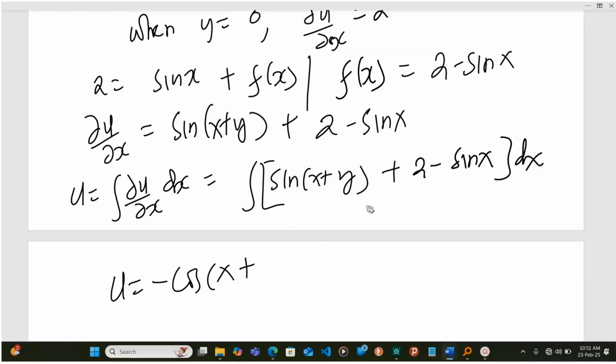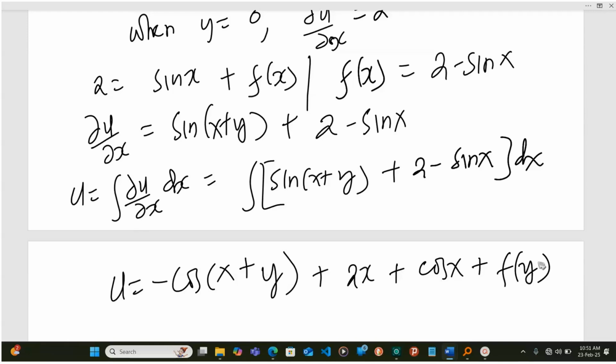So with respect to x, this is just 1x. So it remains cos x plus y. Y is a constant and therefore we don't mind. Plus 2x minus. If we integrate a sine here, we also get a minus cos. And then this negative will die and we shall have cos x. Then plus a constant of integration, which is going to be an arbitrary function in terms of y.